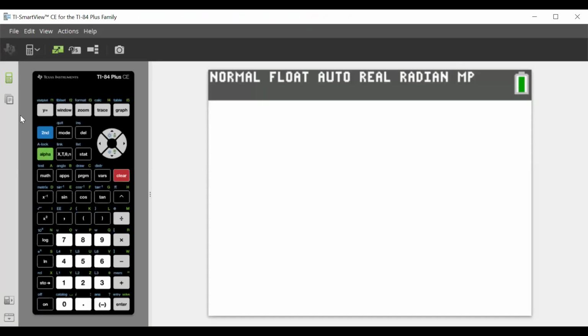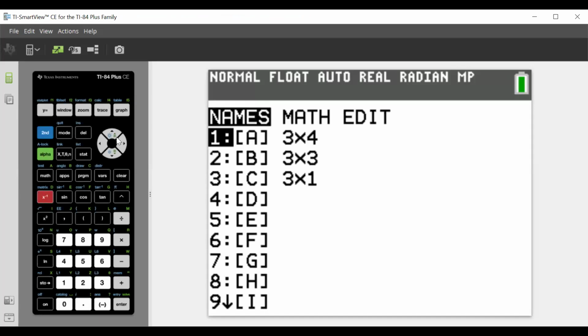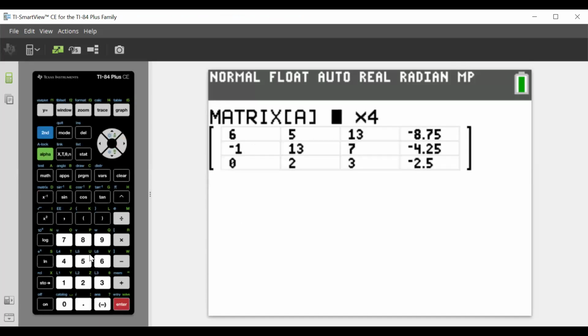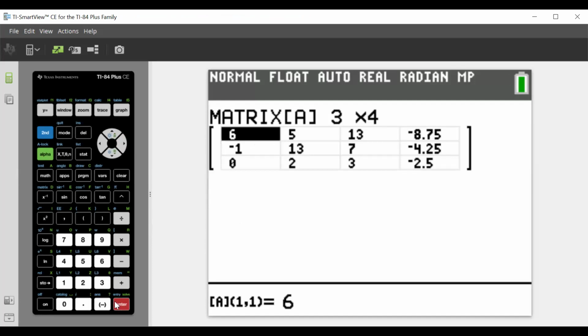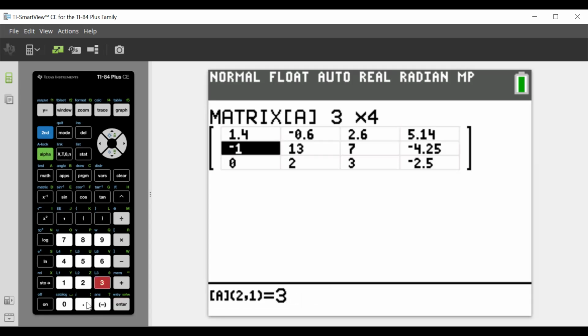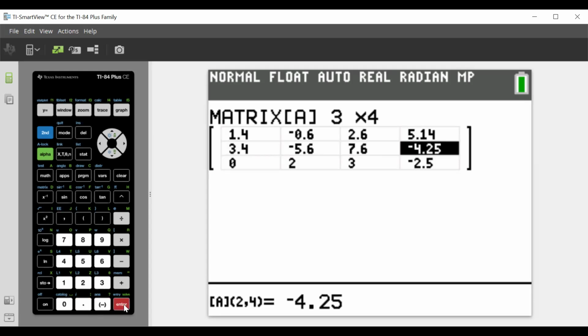So let's go do second math over to edit. And again, it's a 3 by 4, so that's okay. So now we type in 1.4, and then we have a negative 0.6, and then a 2.6, and then a 5.14, and we have a 3.4, and negative 5.6, and then we have a 7.6, and a 16.04.